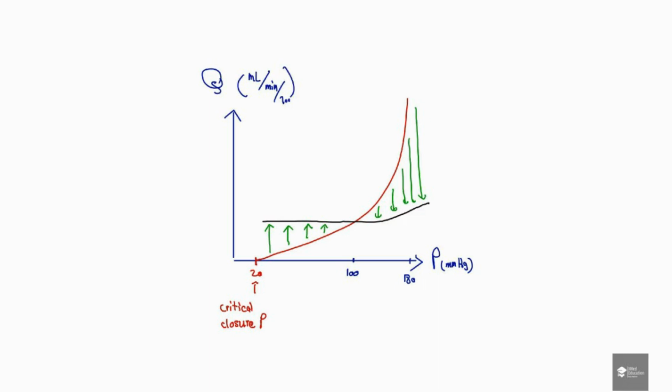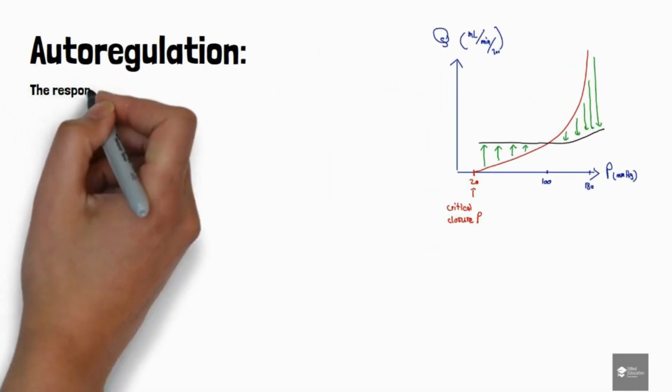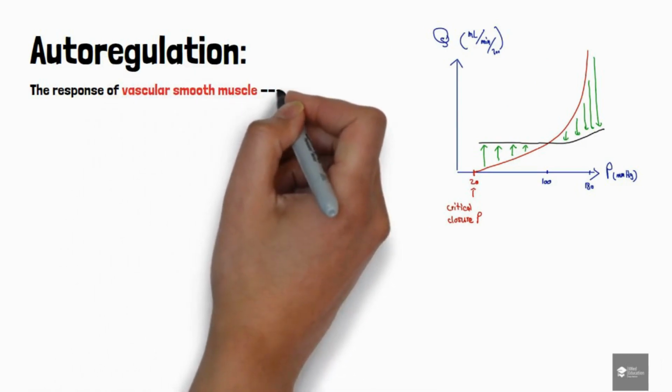And if the pressure goes down, there still should be some blood flow through that organ, and that is what we call autoregulation, to keep the constant flow. And we explained it in kidney type vessel in our previous lecture.